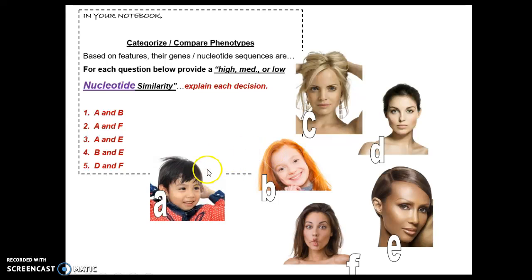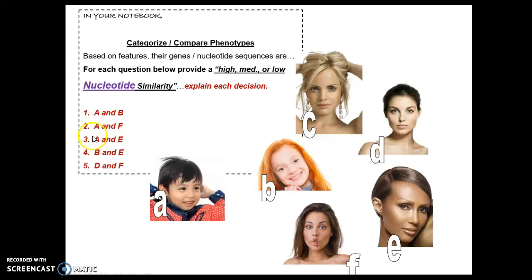And your gender, your hair color, and your skin color are all controlled by the nucleotides. And because they don't have any of those in common, I think they have low nucleotide similarity, based on the evidence we have. That's what I would write: A and B because skin tone, hair type, hair color, gender. This is my explanation for my decision.